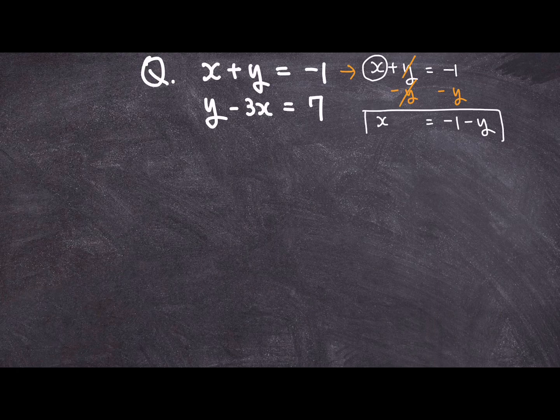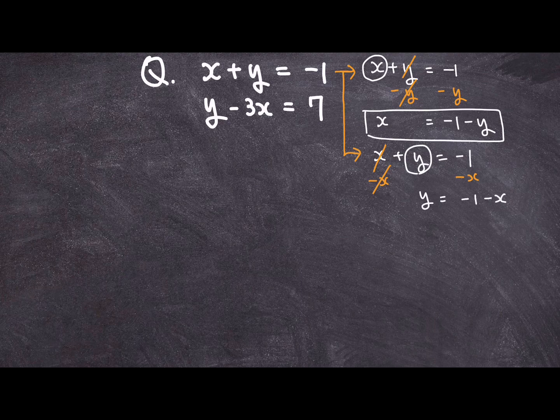On the other hand, I can also choose to separate the variable y and move everything else to the right side of the equation. I can do that by subtracting x from both sides, and that gives me y is equal to -1 minus x.